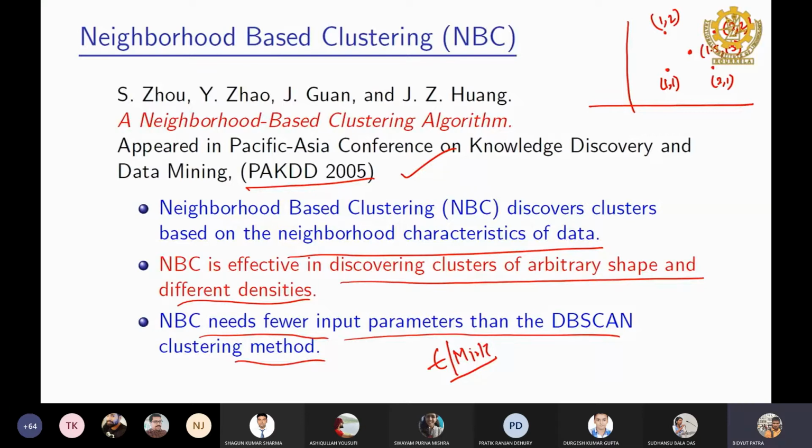Now the question is, if we apply the DBSCAN method on this data set with epsilon 0.9, and minimum point, let's say, 2, and you consider the distance as L2.